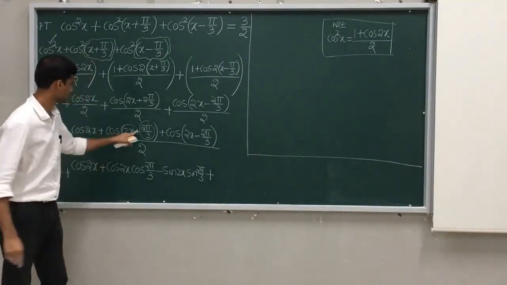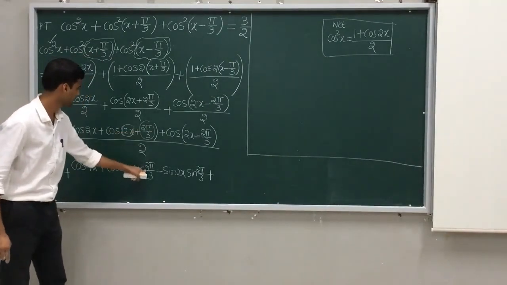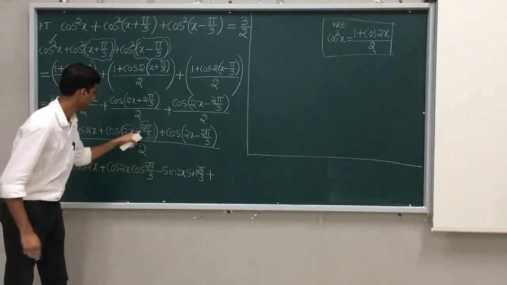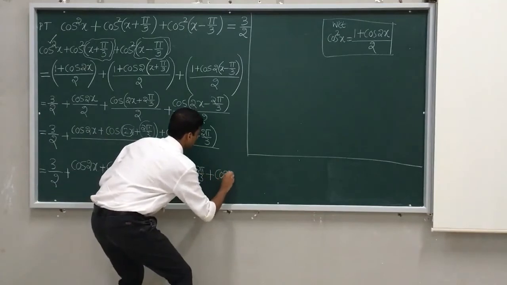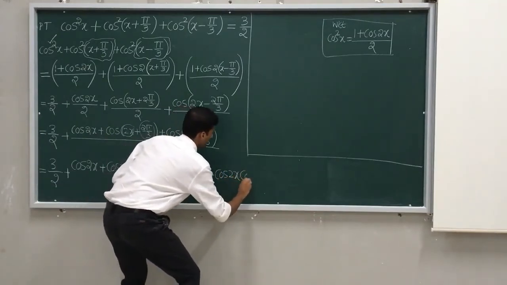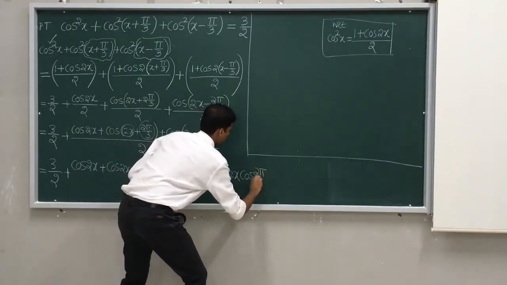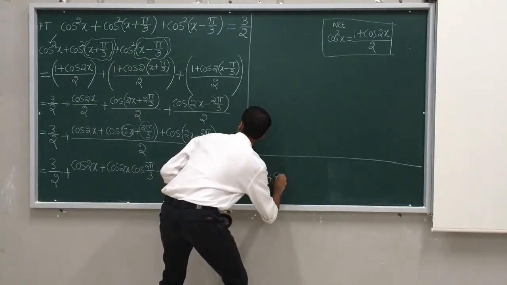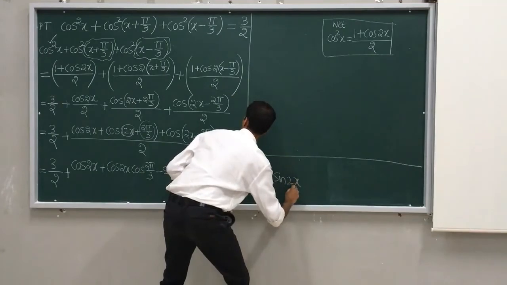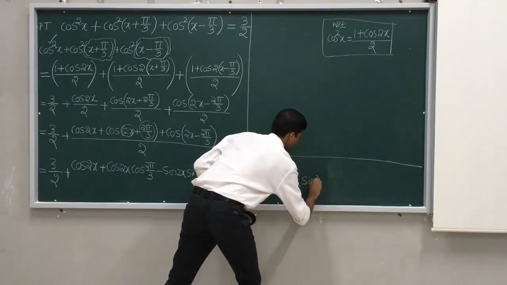I wrote cos of (x plus y) as cos x cos y minus sin x sin y, and here cos of (x minus y) is cos x cos y, as it is, and minus becomes plus, so sin x sin y.